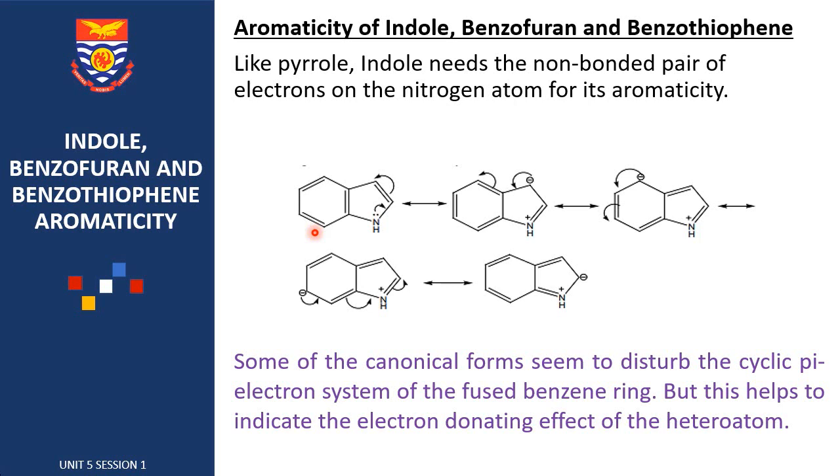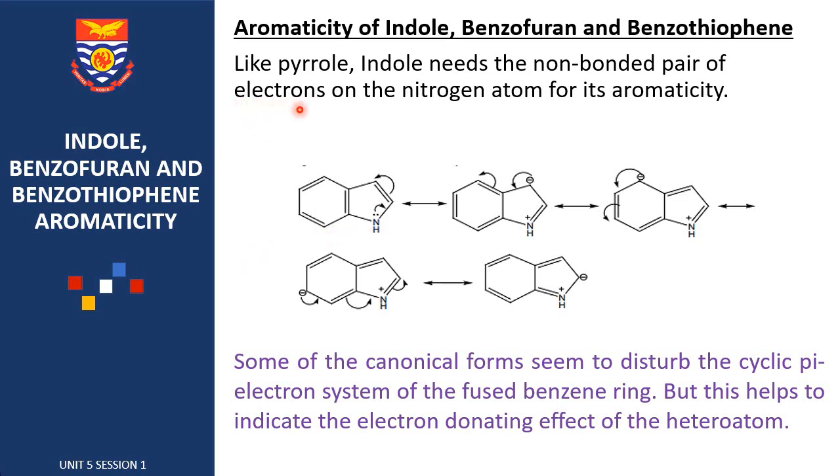So without necessarily looking at all 3 structures, you can use indole in this case to explain the pair of delocalized pi electrons present in these 3 heterocyclics. So there are 2, 4, 6, 8, 10 pi electrons. In other words, you can say there are 5 odd pairs of delocalized pi electrons present in all of them.